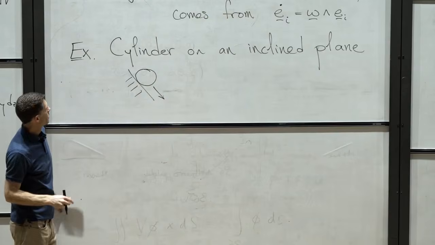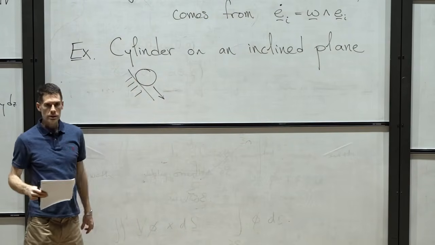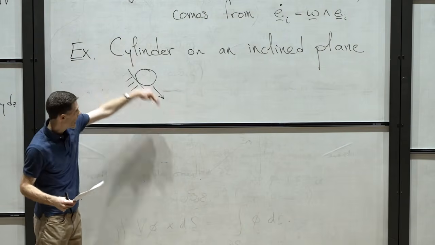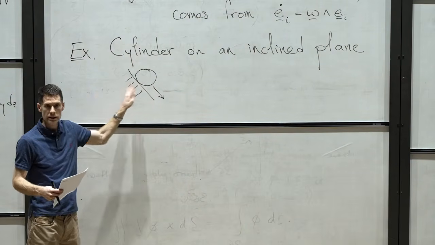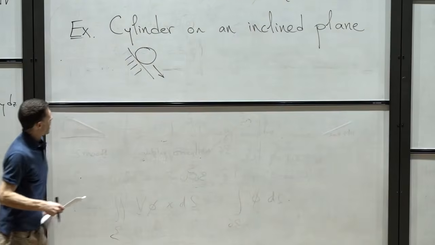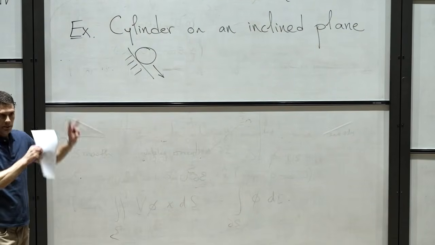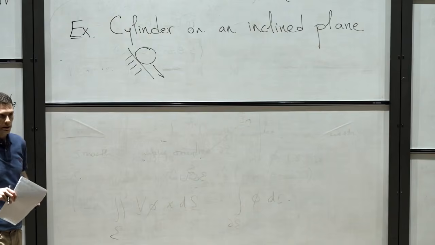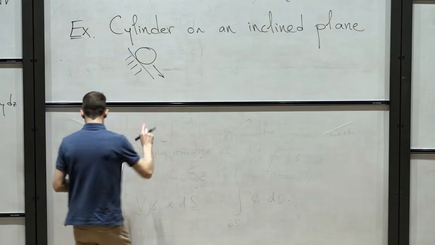So the cylinder's coming out of the board. It's on a plane, and it's going to roll down. The key is I want it to not slide down, but roll down the plane, and see if we can work that out. I think probably the hardest thing in these problems is setting everything up and seeing all the different coordinate systems and so on. So let's see if we can do this carefully.